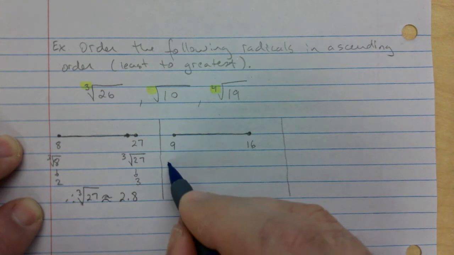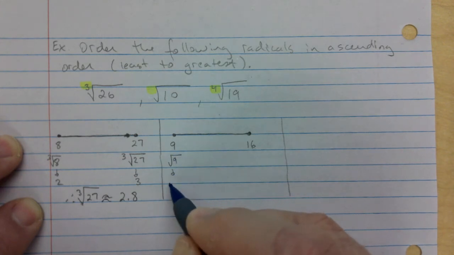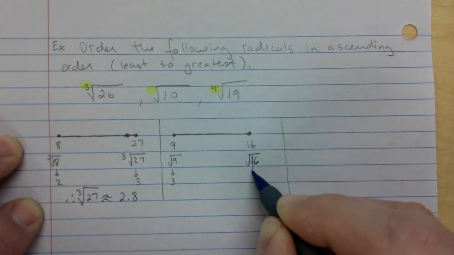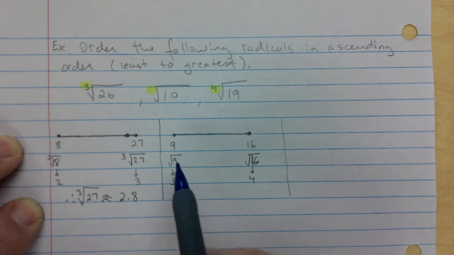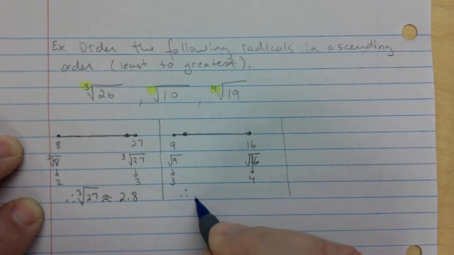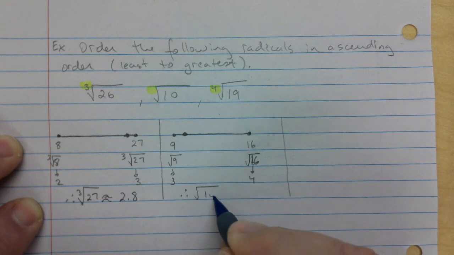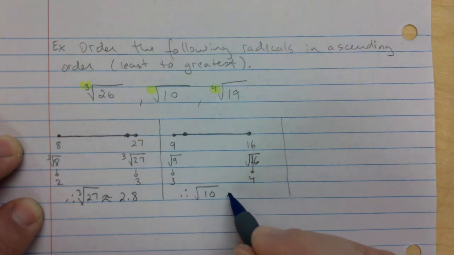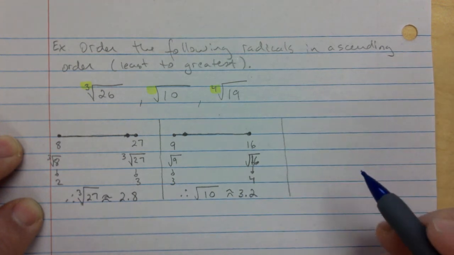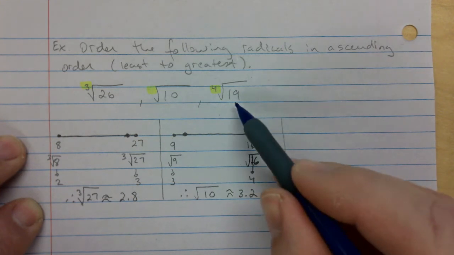So the square root of 9 is 3, and the square root of 16 is 4, and 10 is going to be right about there. Okay, so therefore the square root of 10 is going to be approximately 3.1, 3.2, right? Something like that, approximately.